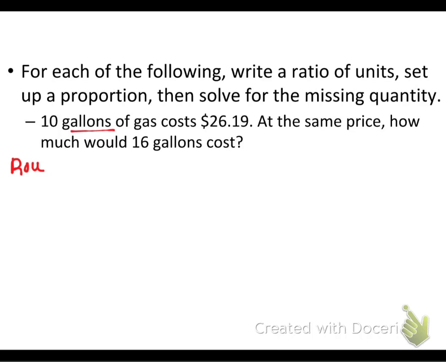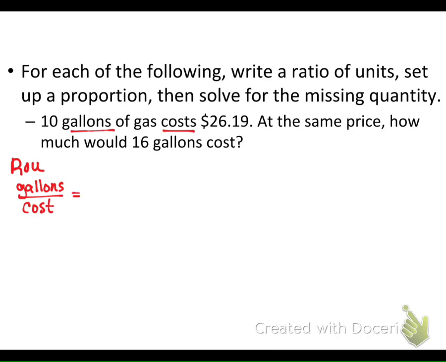So they're talking about gallons, and then what are they comparing the gallons to? How much it costs, yeah. So our ratio of units is going to be gallons to cost or price. Okay?